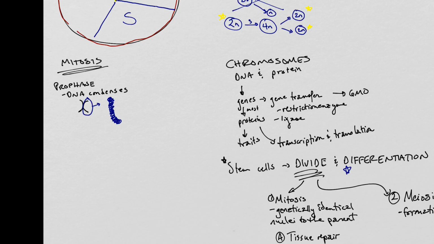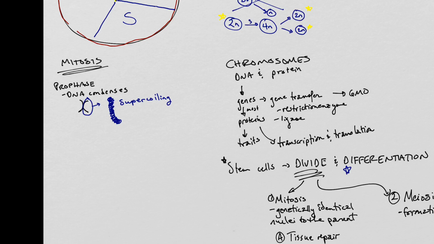The DNA winds up, and then the wound up DNA gets wound up around itself, and then that gets even more wound up around itself. And then the wound up parts get wound up around each other. So that whole process of super winding is called supercoiling. And it becomes so dense and so big that you can actually see it under a microscope.